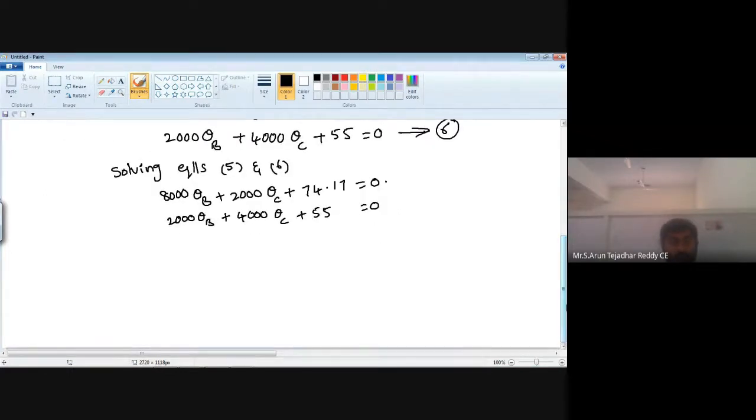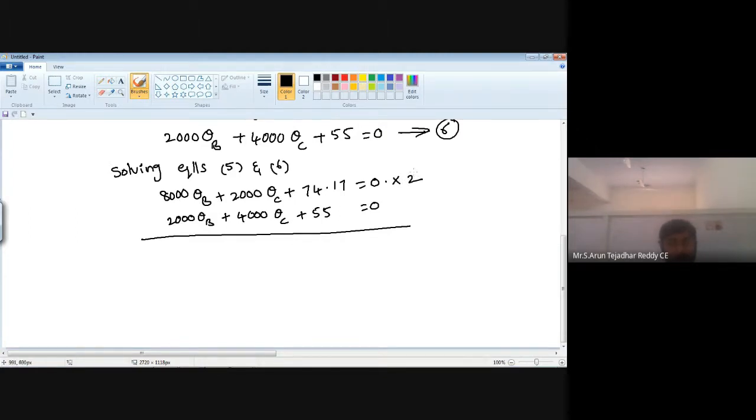Now solving the equation is very easy. Already you know how to solve the equation. One should be cancelled. So here I'll cancel the theta C values, but here I have 2000 theta C and below that 4000 theta C. So it's very simple. I'll multiply the first equation with 2.